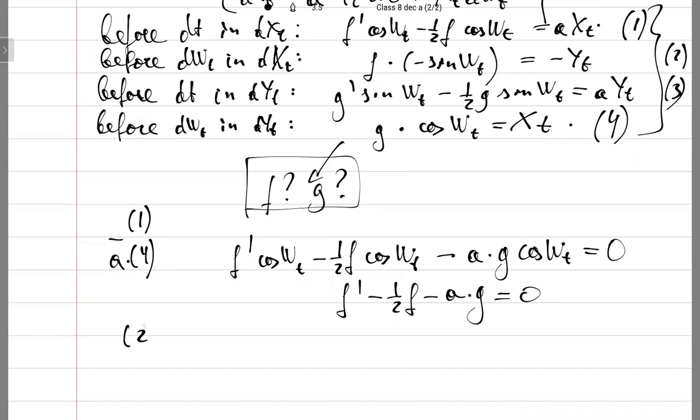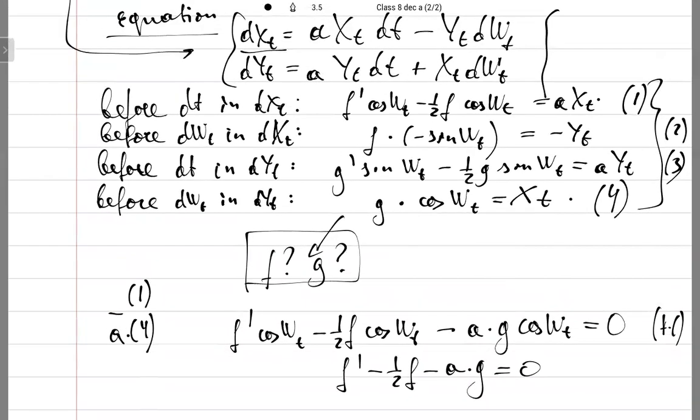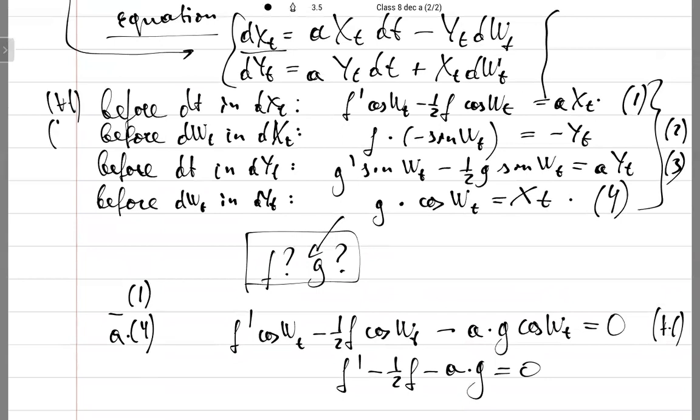Why can cosine wt be 0? But that should hold for every t. Cosine of wt obviously can be 0 occasionally. But we say that this is for every t.